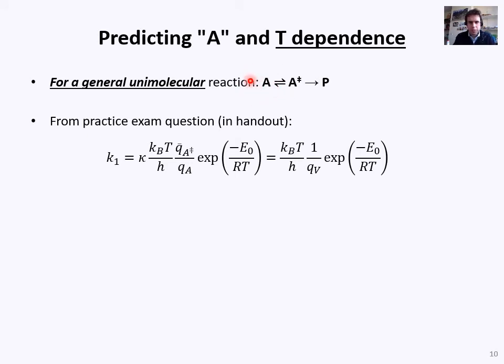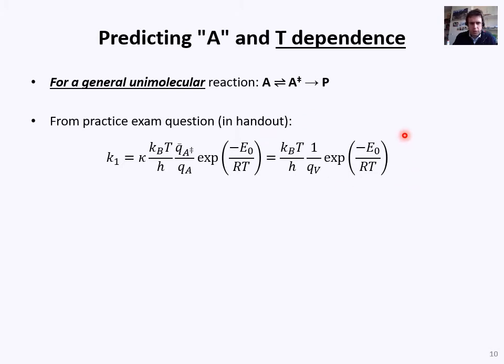But regardless of whether it's a specific species or a general species, you're going to end up with the same Eyring equation, which is the one I've shown down here. In this case I've included the vibrational partition function for the reactant, sorry, in the Eyring equation like this, but this was the result we got, wasn't it?